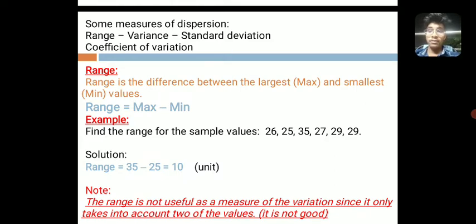As an example: 26, 25, 35, 27, 29, 29, where 35 is the maximum value and 25 is the least value. The difference is 35 minus 25, and this is not useful for measuring variation.